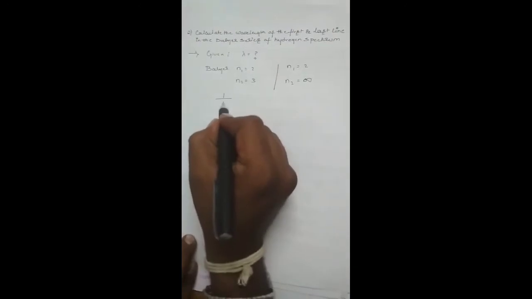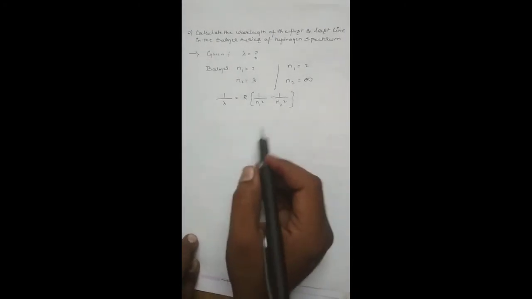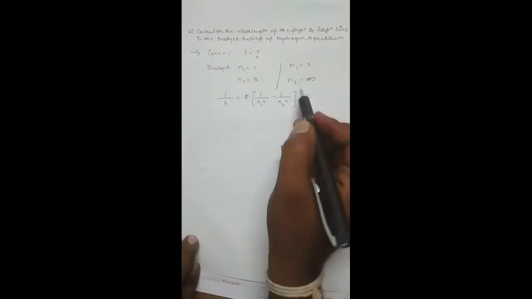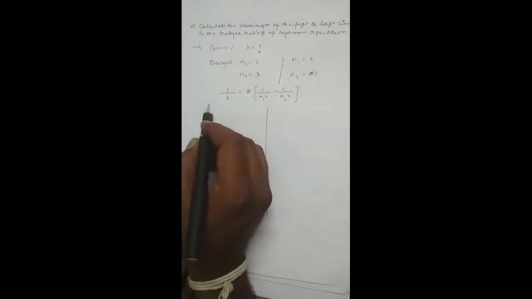Okay, we know the Balmer equation: 1 by lambda is equals to Rydberg constant into 1 by n1 square minus 1 by n2 square, correct? We want to apply for both. First we apply for this one.